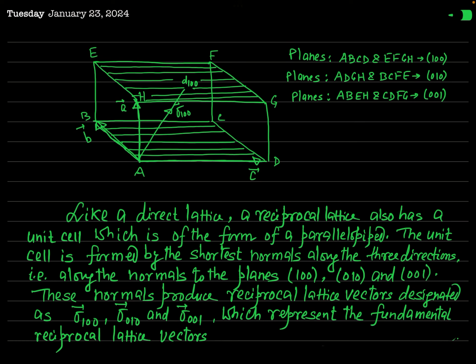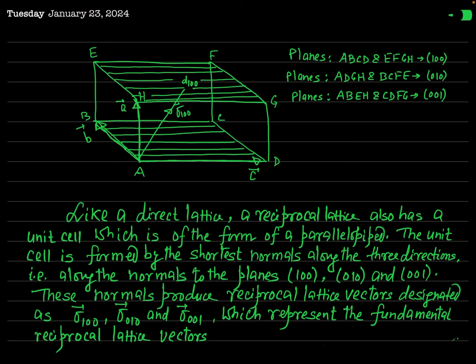These primitive translation vectors are directed along the three crystallographic axes. In this figure I have shown the unit cell of a direct lattice, but here our aim is to define the unit cell of a reciprocal lattice and the primitive translation vectors of the reciprocal lattice.